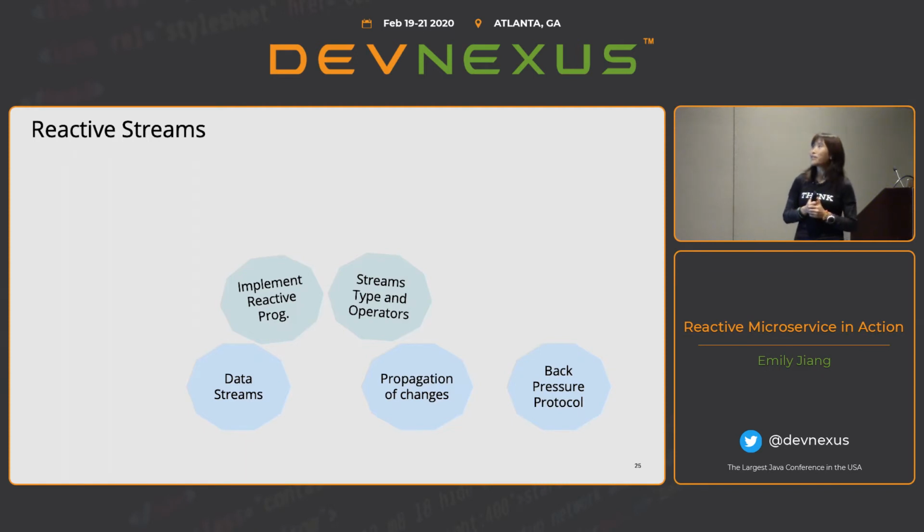Who are the implementations of reactive streams? Again, Reactor, RxJava, and also Akka. They came together, established a specification, and then eventually they all implemented it.